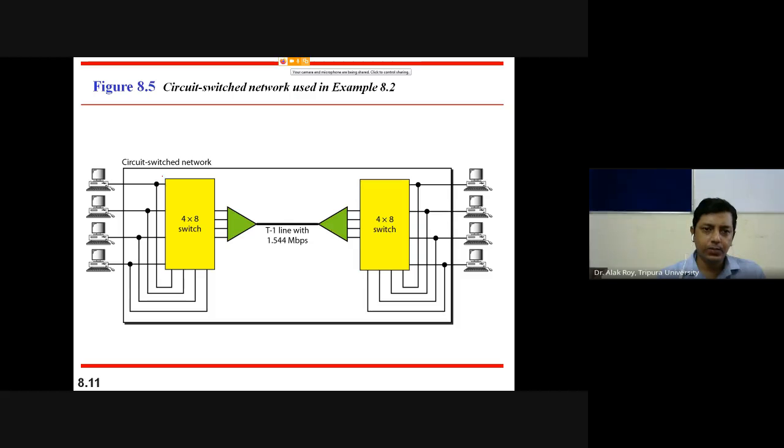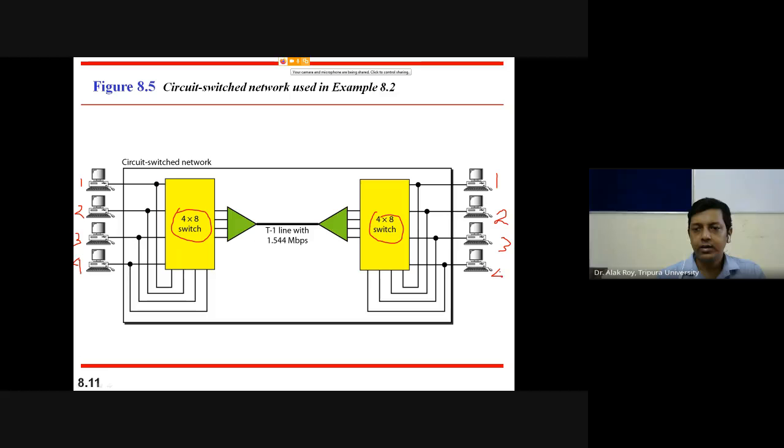See this example. Here it is showing a 4x8 switch, another 4x8 switch. Using a 4x8 switch, you can communicate between 4 different computers and other 4 different computers simultaneously.